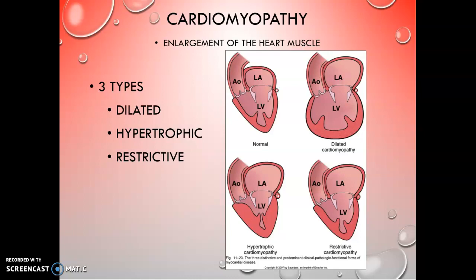So when you think of D, which is dilated, think of the heart muscle as becoming very dilated and thin. And when you think of R, think restrictive. That means the muscle is actually hardened and it's not going to be supple, and it's not going to expand and contract like the heart muscle should. It's very rigid. So think R for rigid or rock hard. It just doesn't budge. And then H is hypertrophic.